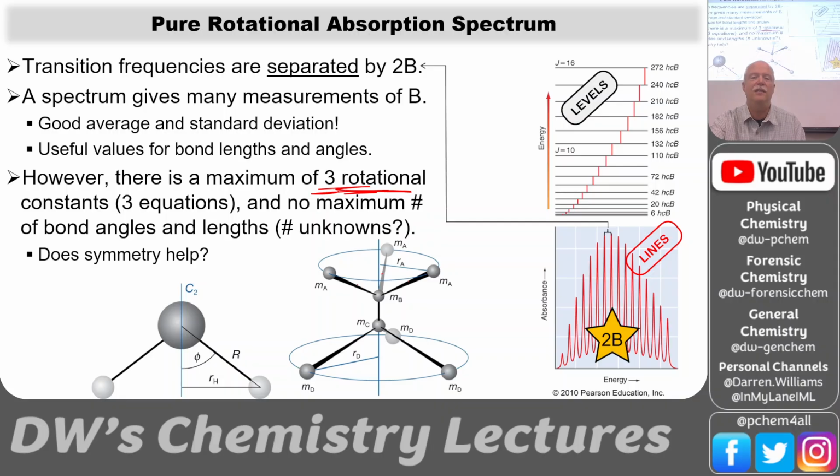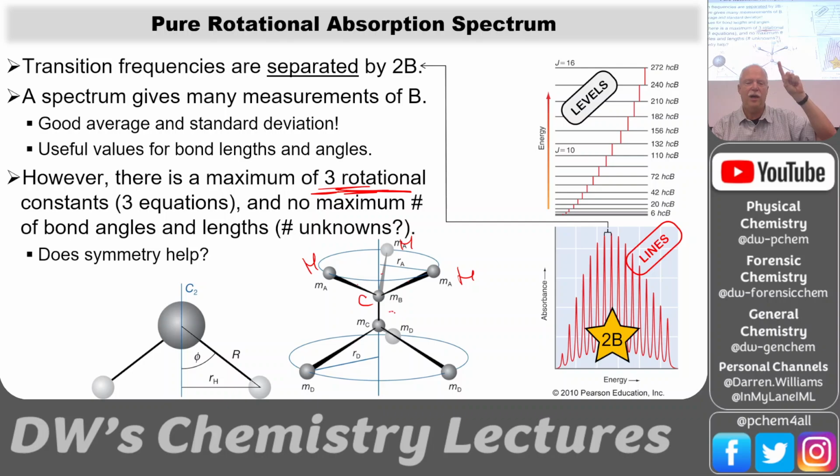But symmetry does help because let's say this is a carbon and this is a hydrogen and a hydrogen and a hydrogen. All 3 of those bond lengths are equal. So we've reduced those 3 down to 1. And it's a methyl group. There's no reason why these 3 angles wouldn't be 120. So we know that angle. So we just really need the umbrella angle. So we've got 1 bond length on the top.